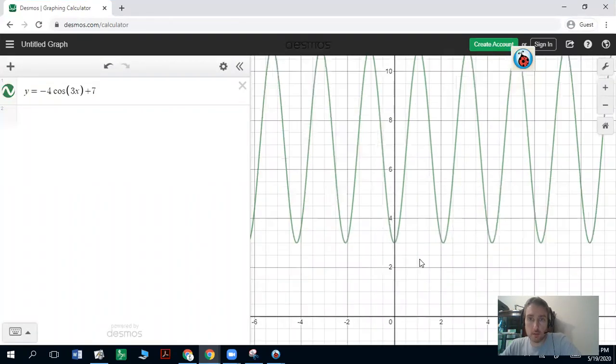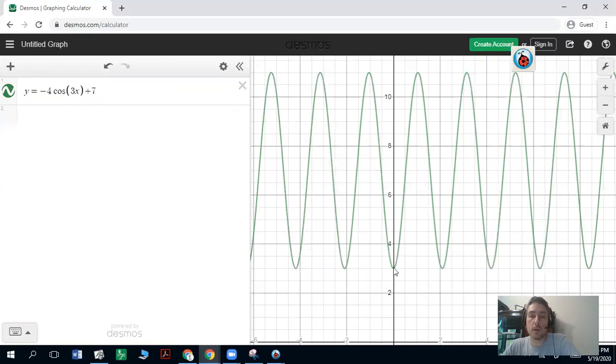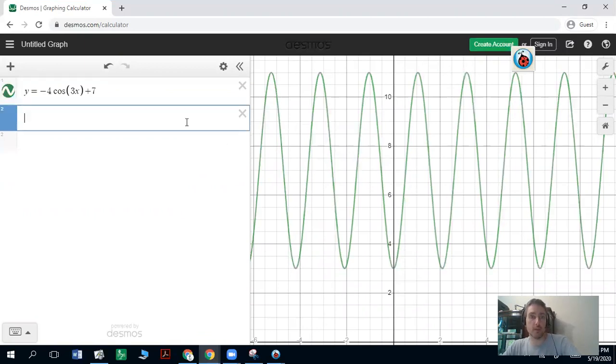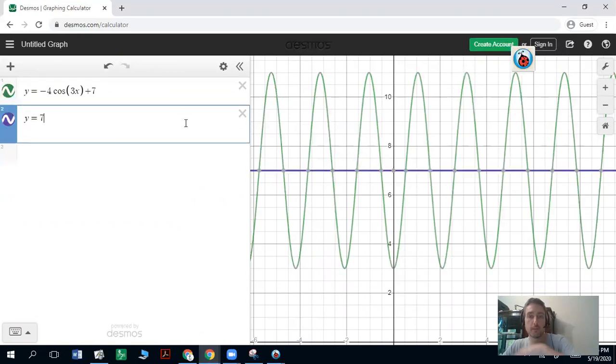And if you look down here, the low point is at 3, that's your minimum. Your high point is at 11, that's your maximum. And halfway between 3 and 11 is 7. It doesn't give you y equals 7, but you could do y equals 7 to get that midline if you want.